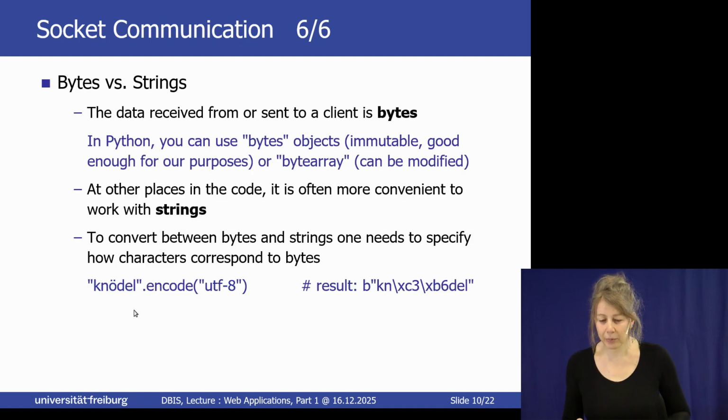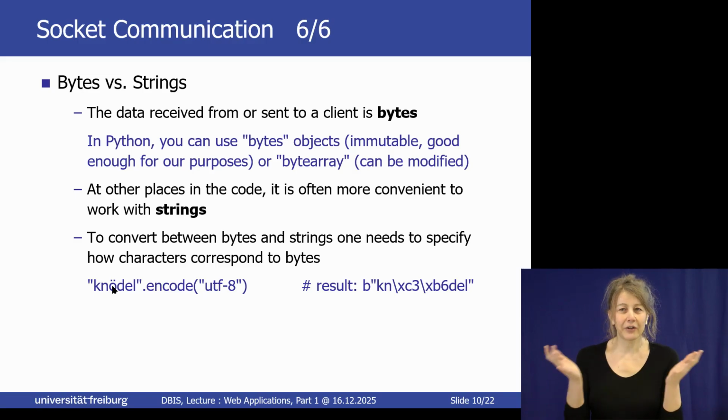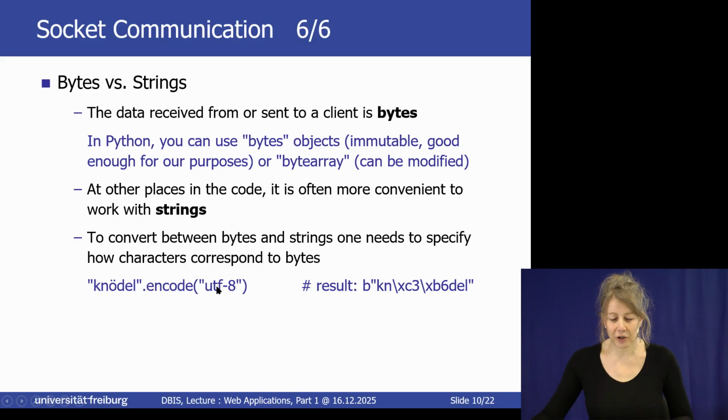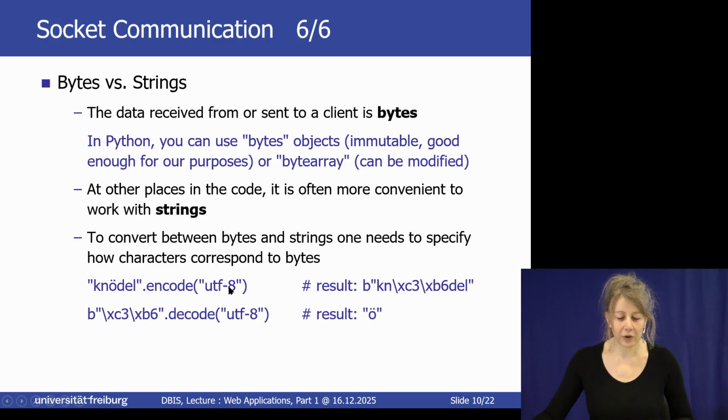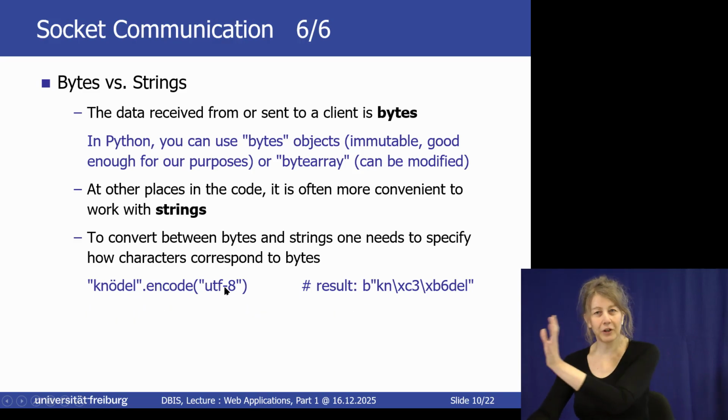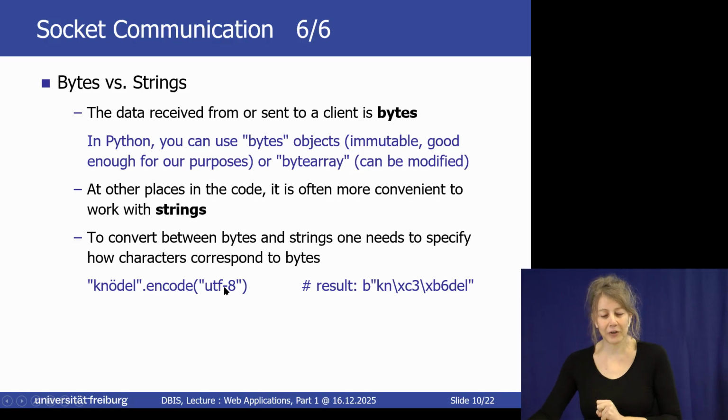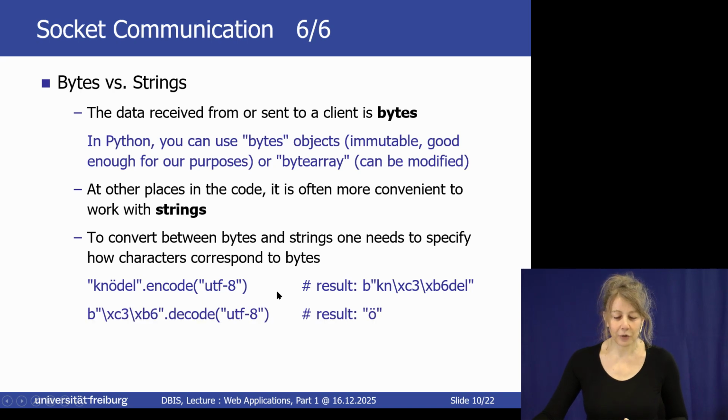For example, here we have Knödel, with the German umlaut Ö. How do you write it in a byte? In an ASCII character, you can only encode so much. In UTF-8, there will be a whole part in the next lecture about this, is how you encode funny characters as bytes. So Ö, for example, is these two bytes, C3 and B6 in hex, and you can convert back and forth with encode and decode.